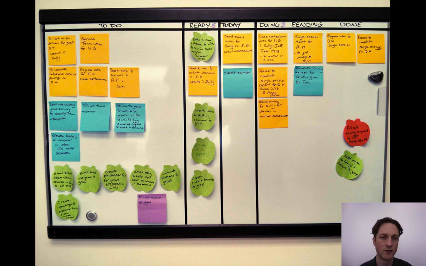So from top to bottom, from left to right, she has her post-its per category prioritized so that she spends less time scanning her post-its to figure out what to do. Same thing with the other columns, her ready, her today, her doing, and this is consistent with most of the systems. Everything's prioritized vertically so that it's easy to scan and see what needs to be done next.